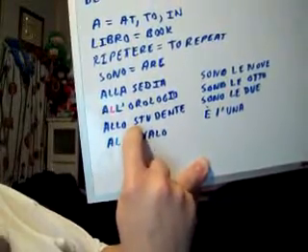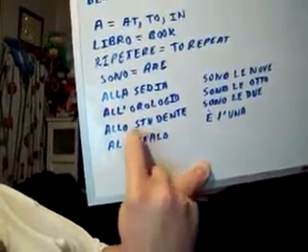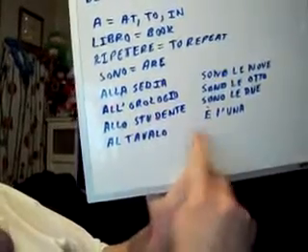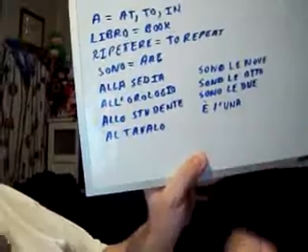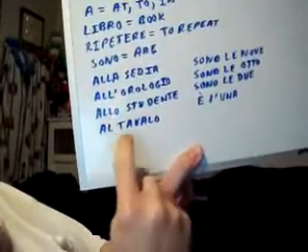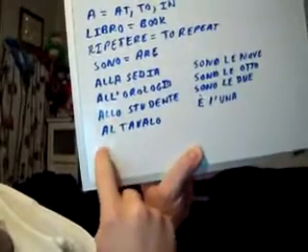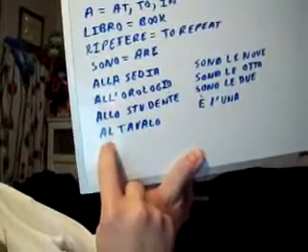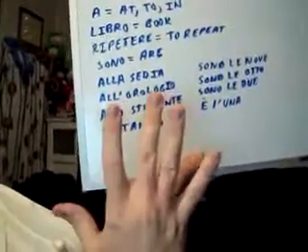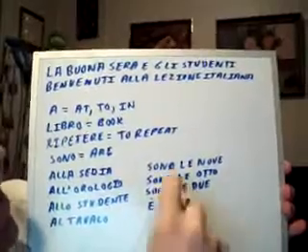Because this has an S plus another consonant. So allo studente is at the student or to the student. Most likely it's to the student. Al tavolo. Okay. We're just going to use this right here because tavolo has a T but no S. Alright.